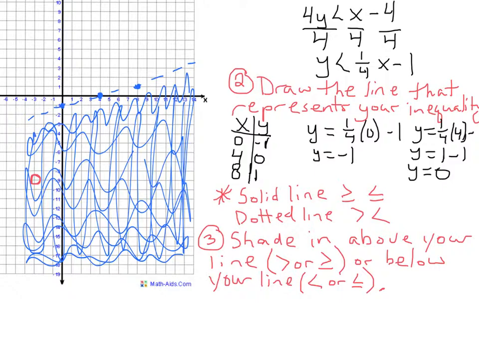So -9 is less than 1/4 times -3 minus 1. That would give me -9 is less than 0.25. Nope, -1.25. Well, -9 is less than -1.25, so it's true. On the same note, why is it a dotted line and not solid?